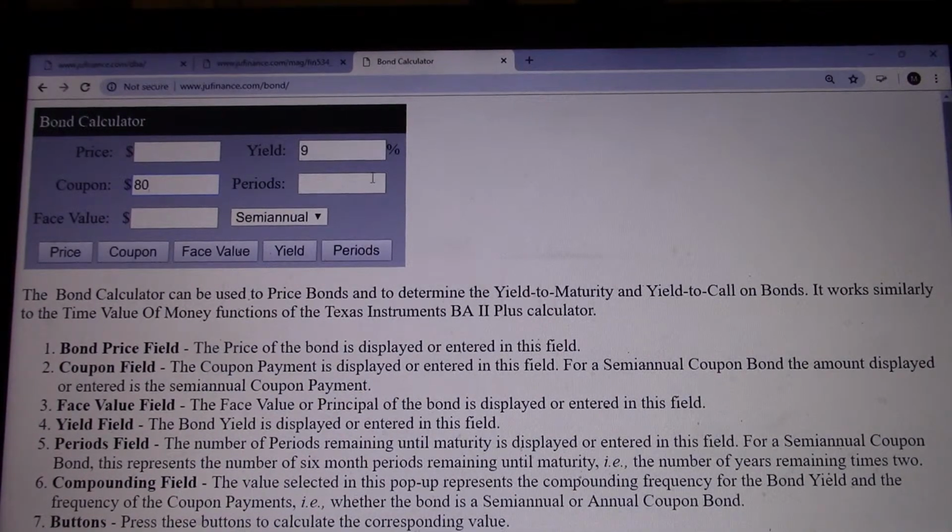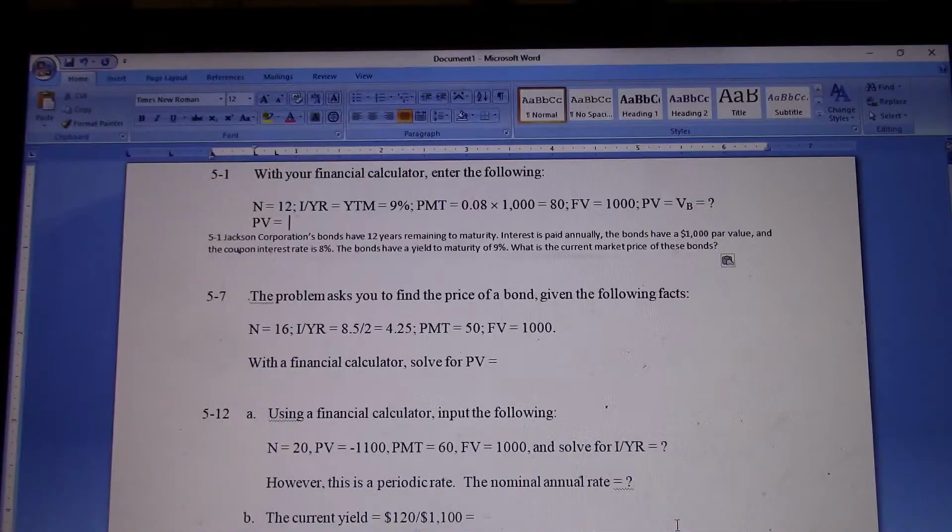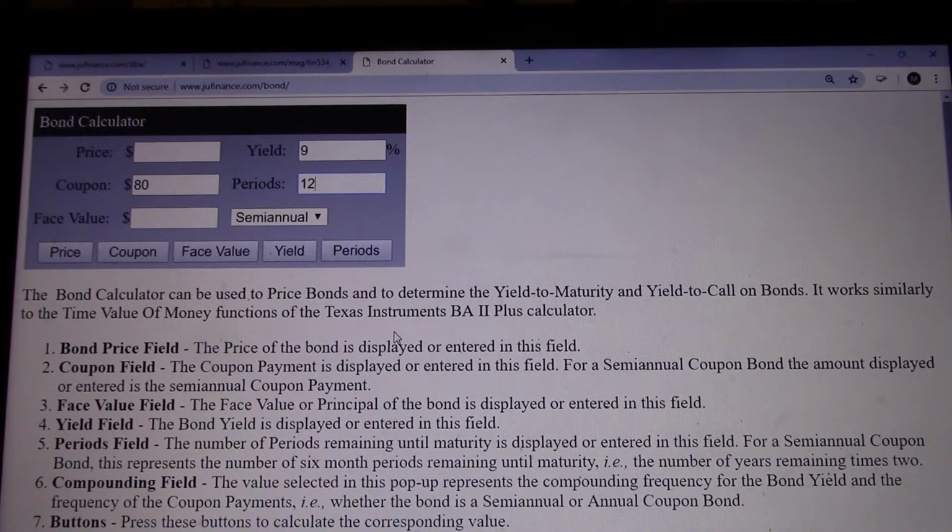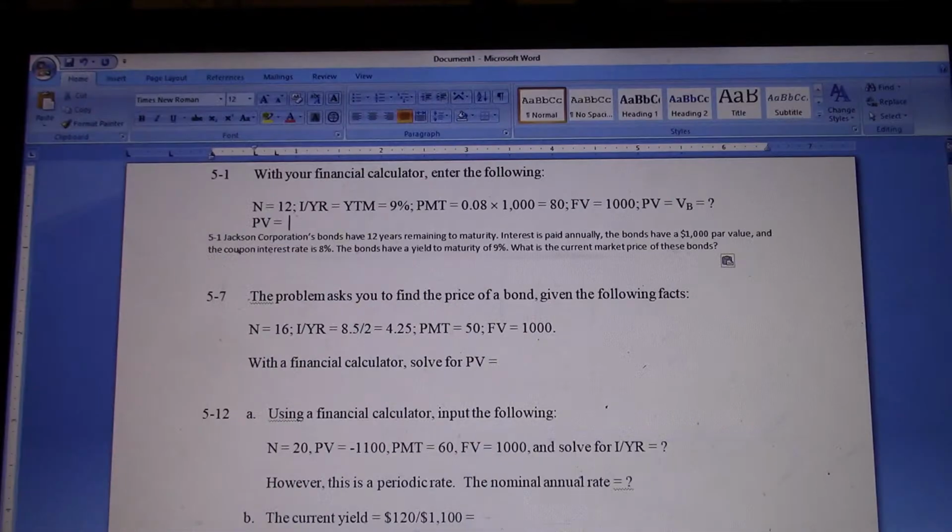And period is 12 years. And the face value is always 1,000. And this is an annual coupon bond. Then click on price. So the price should be $928.39. So this is this question.